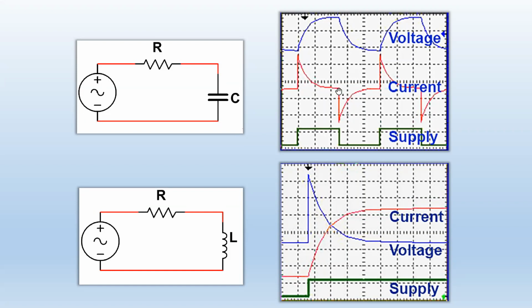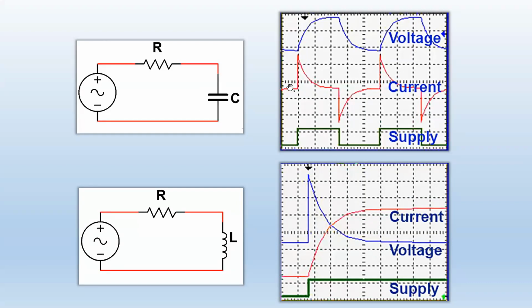As the current goes down, it becomes more resistive, so the voltage starts appearing. When the current stops completely, we're going to have the maximum available voltage.